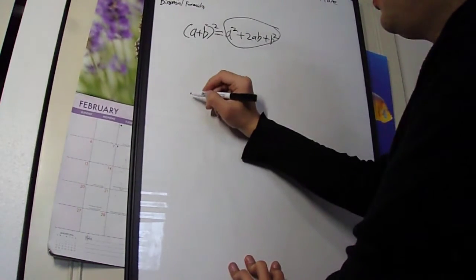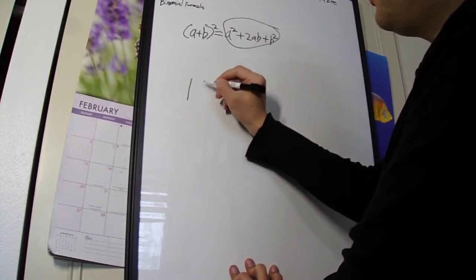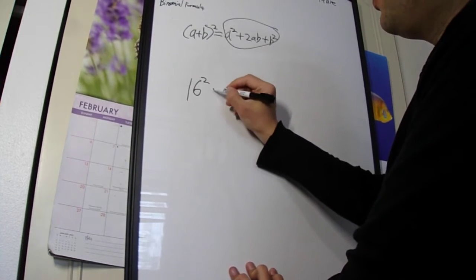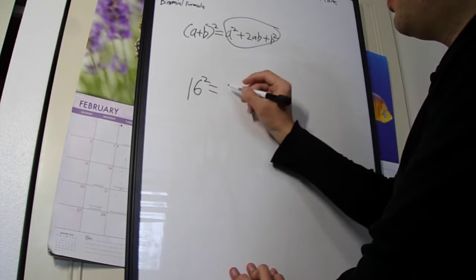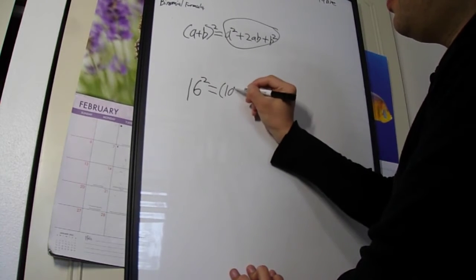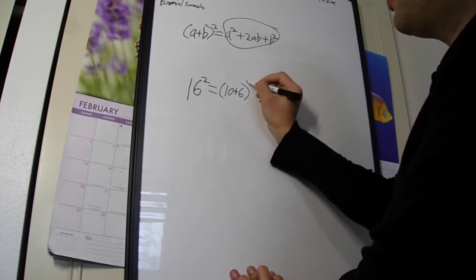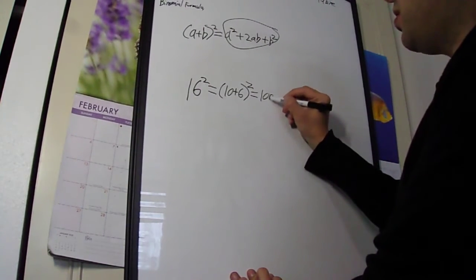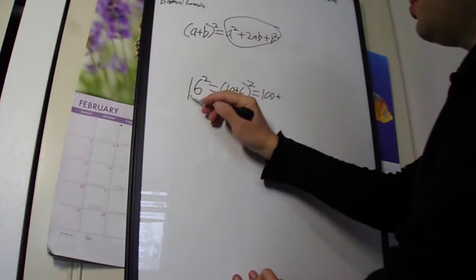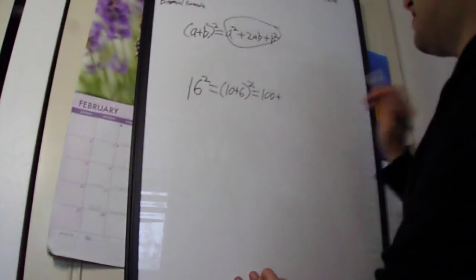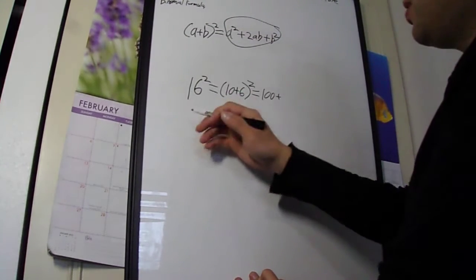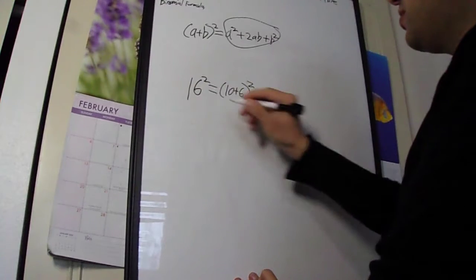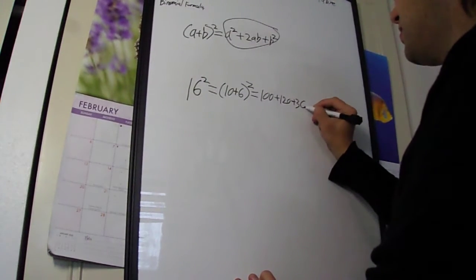Let's say we want a very simple example, square 16. So what we could do is turn it into 10 plus 6 and square it. And then that would turn into 10 squared plus 2 times 10 times 6, or 20 times 6, or 120. 120 plus 6 squared, which is 36.